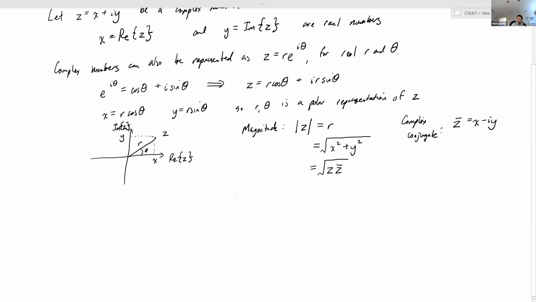You can also take the angle of a complex number. You can also sometimes call it the argument, that theta. It's typically denoted as arg of z. And in polar coordinates, that's just the theta. In Cartesian coordinates, that's written as inverse tangent of y over x, for x greater than 0.